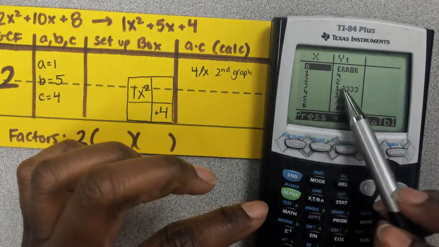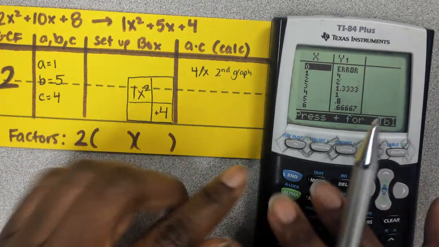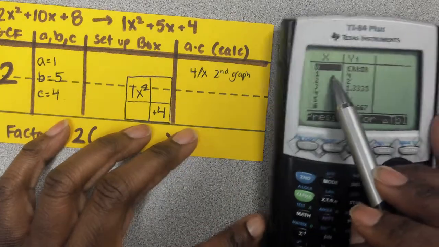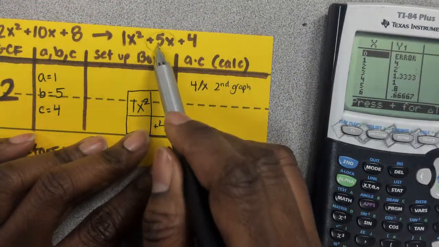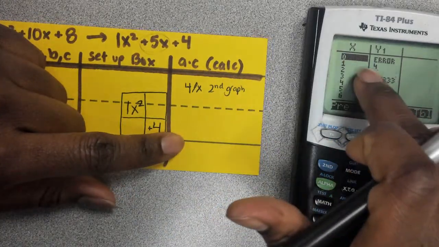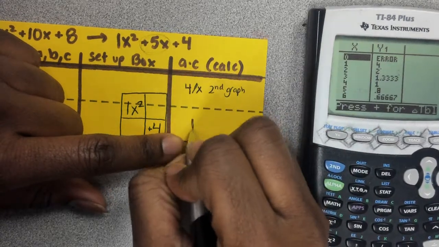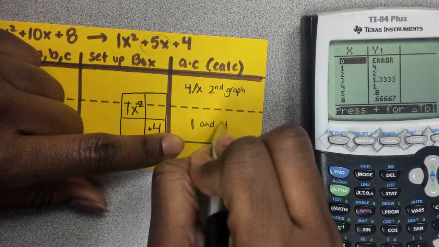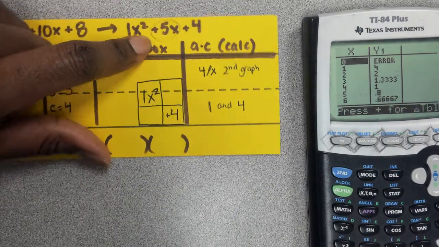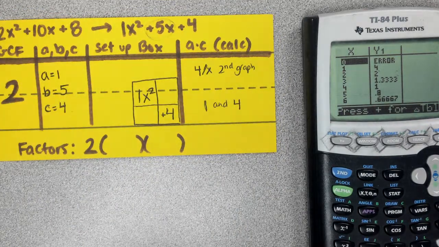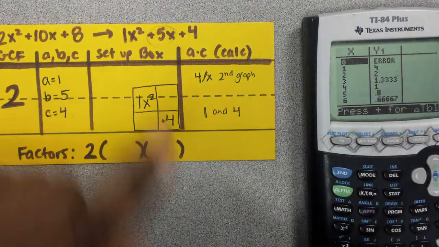We don't care about the decimals, or if you see fractions, because we want whole numbers, but we're looking for the magic pair that add up to the B value. 1 and 4 are the magic pair that add up to a positive 5. And there's always only going to be one choice. Notice the next one, 2 plus 2, that equals 4. Nope, it has to add up to the B value.